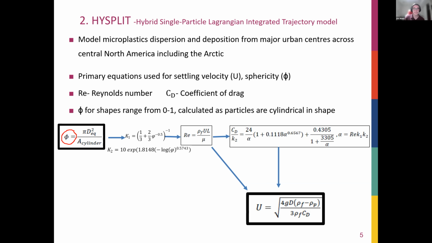And they're all treated as being cylindrical in shape for simplicity. The other equations here, the K values, are a shape factor or a correction factor for non-spherical particles. RE is your Reynolds number, and CD is the coefficient of drag, all of which are then input into the final settling velocity equation. All of the equations here, aside from the sphericity, HYSPLIT calculates itself, so there is no manual input for that.